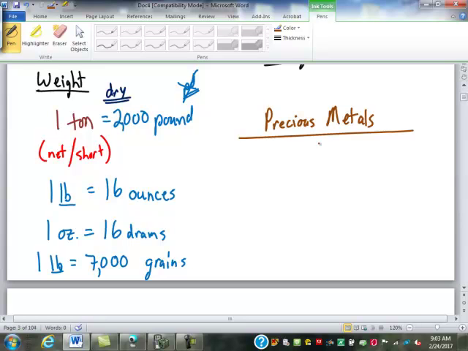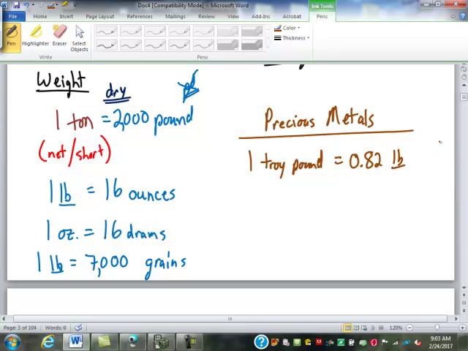Precious metals, the center for buying and selling precious metals was for a long, long time the island of Troy in the Mediterranean Sea, just off the coast of Greece. So when we're looking at buying and selling precious metals, we are looking at troy measure. So we're looking at 1 troy pound. And 1 troy pound is about 0.82 of our standard pounds.